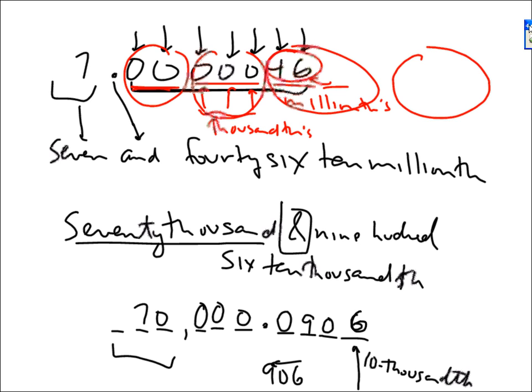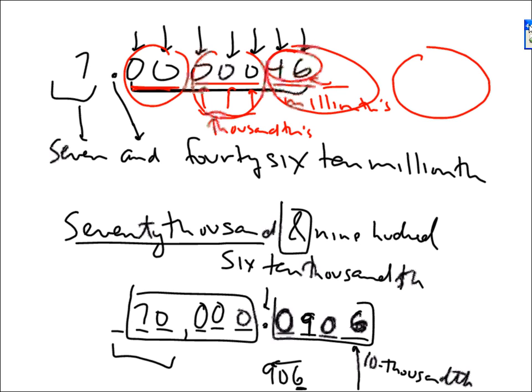So the 6, the last digit in 906, ends right here. So there it is, 906. And you need to put in a placeholder. This number is 70,000, and this number is 906, and it ends in the 10,000th position. So it's 70,906 10,000. Don't say and except when you're by the decimal.